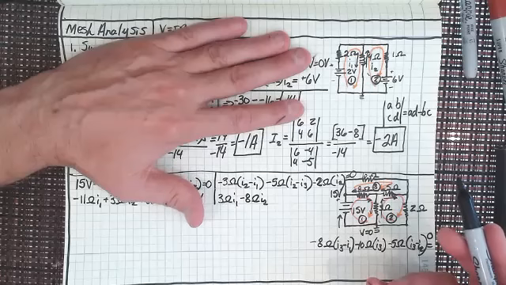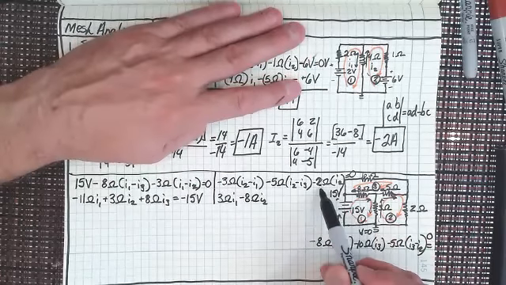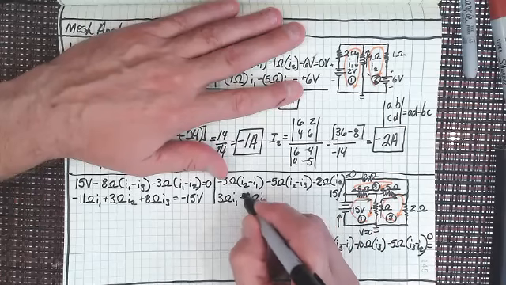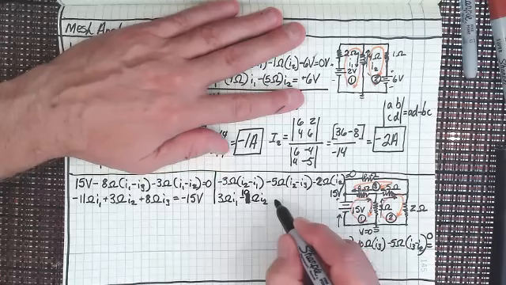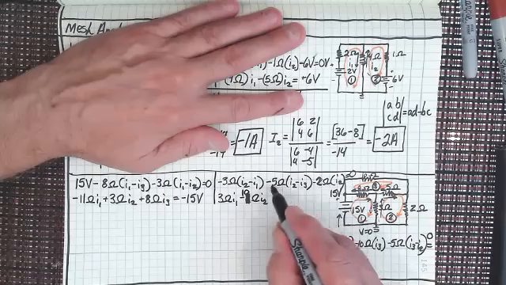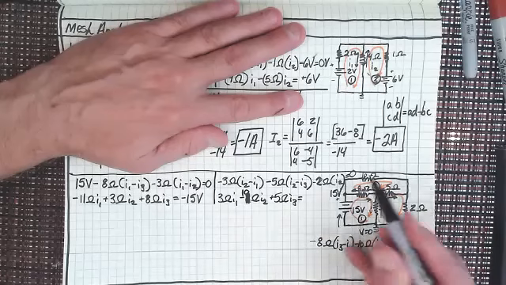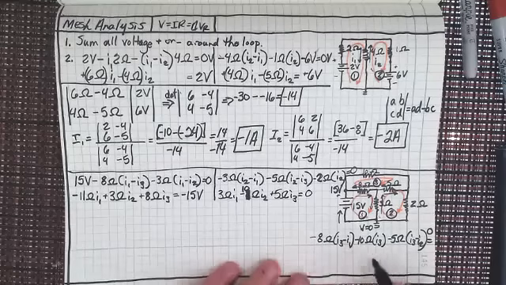Let's do I3. Oh, wait a second. It looks like I've left something out. Minus 2. That should be minus 10. I'm sorry about that. I forgot the 2 entirely. So minus 10 I2. And then let's do I3. So that's going to be plus 5 ohms I3. And what does that equal? 0 still, right?